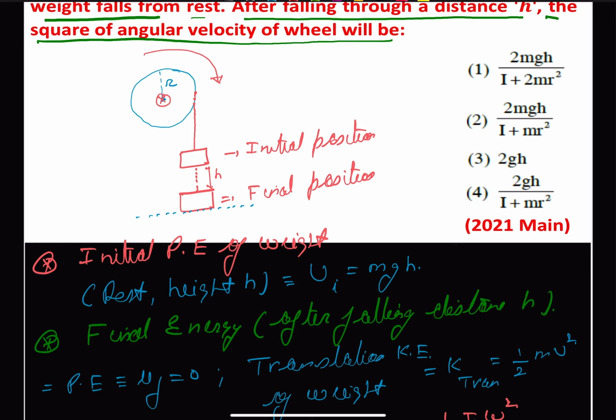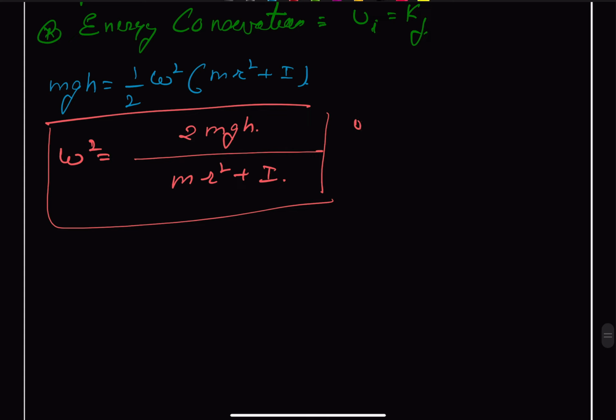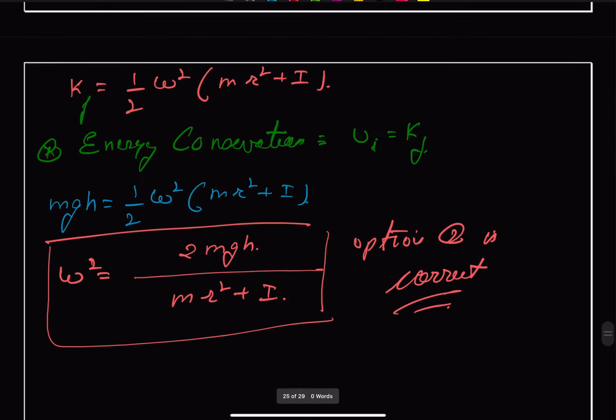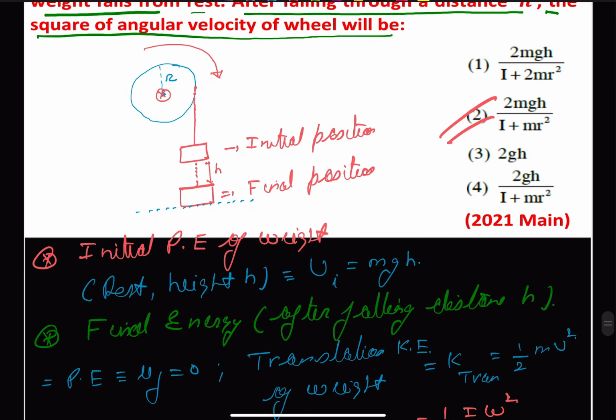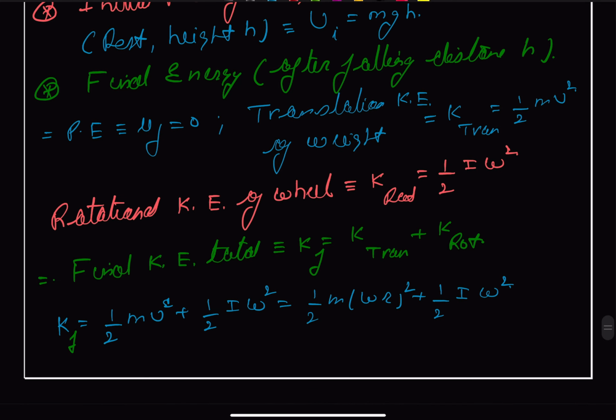So yes, option 2 is correct. In this particular question, the important thing is that two types of kinetic energy are associated, because the wheel is going to rotate.